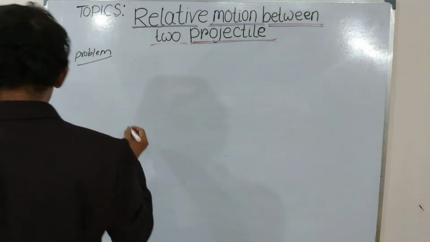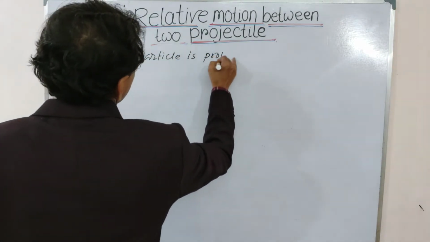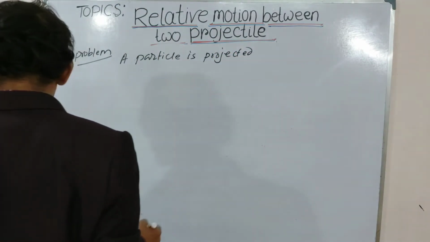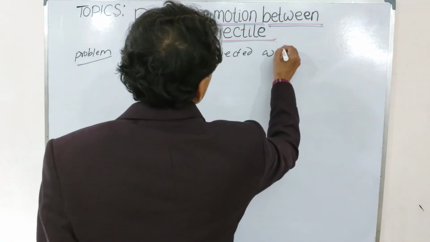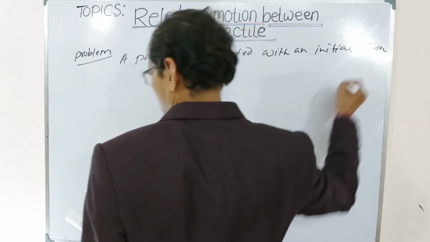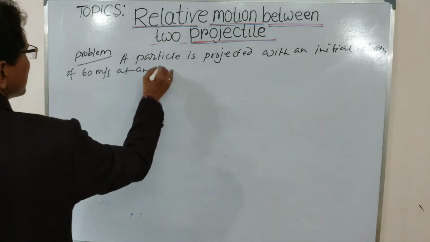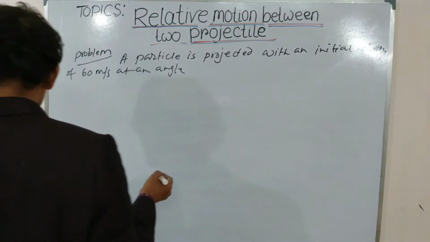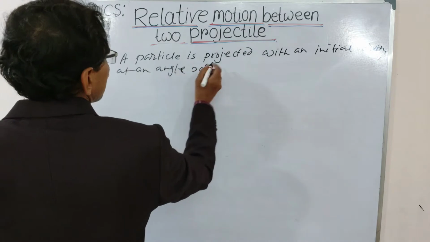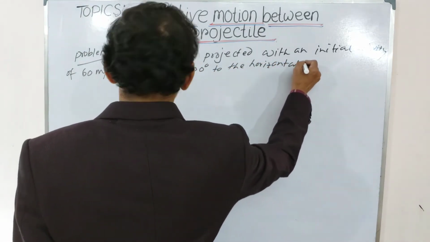A particle is projected with an initial velocity of 60 meter per second at an angle of 30 degrees to the horizontal.